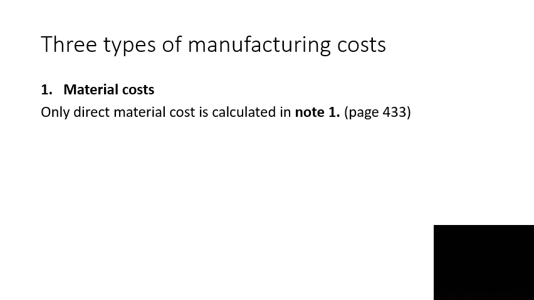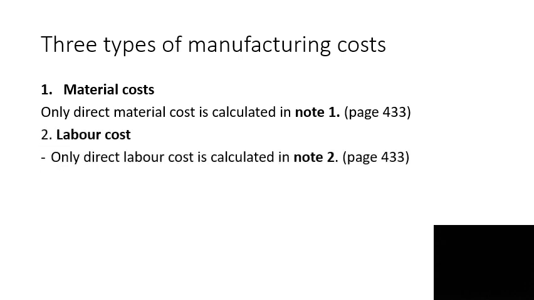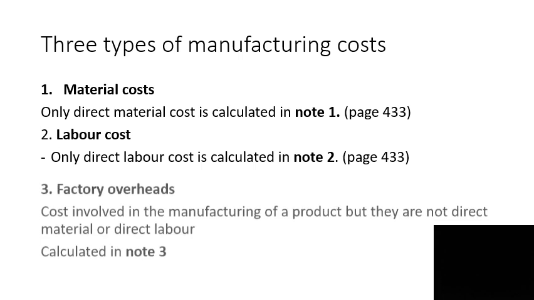These material costs, I think from your concepts you have noticed that we have direct and we have indirect costs, but in note 1 we only record direct material costs. We have labor costs. This is also from the concepts. We have direct, we have indirect labor, but in note 2 we only record direct labor.